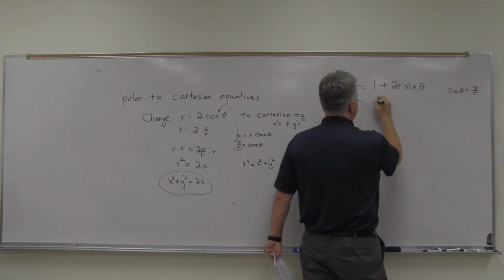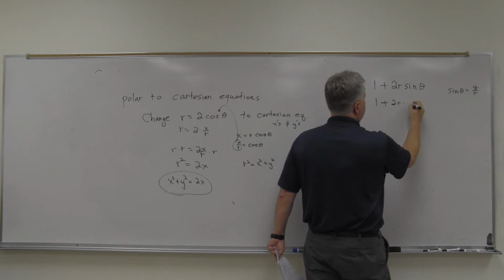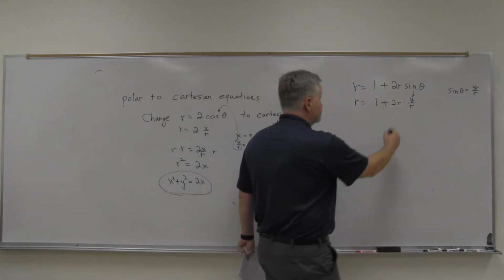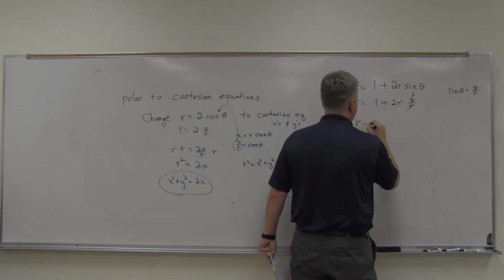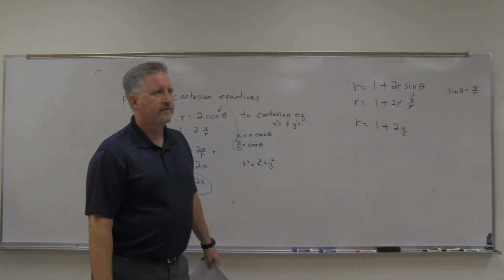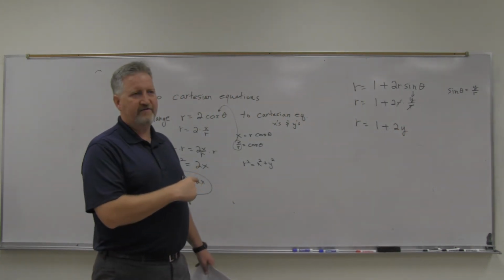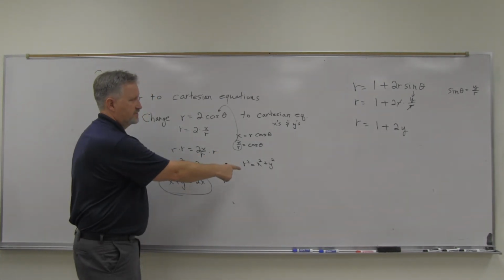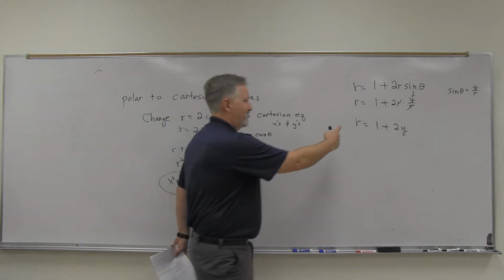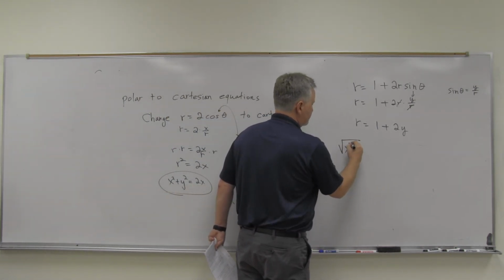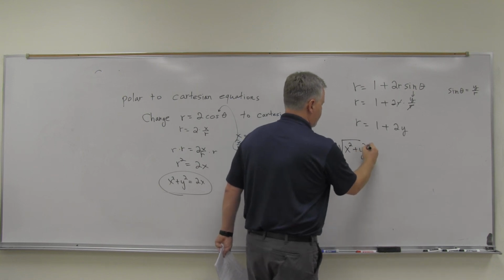So that's r equals 1 plus 2r times y over r. So just make that conversion. And in this case, those r's cancel. So it's just r equals 1 plus 2y. So I got rid of one of the r's, but I still have an r. So there's not an r squared that I can substitute for, but I can do the next best thing. What can I do for r? Yeah, could square both sides.